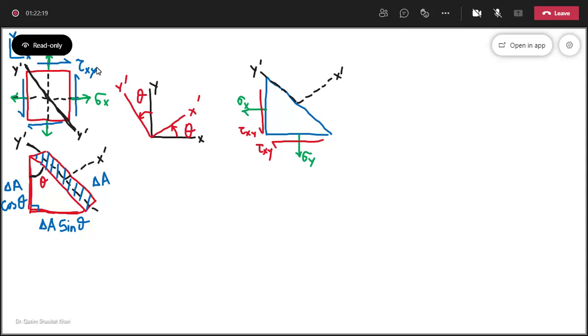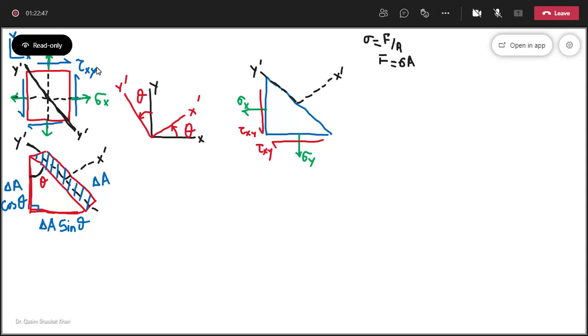Now force is stress into area. Stress is equal to force per unit area, so force will be stress into area.